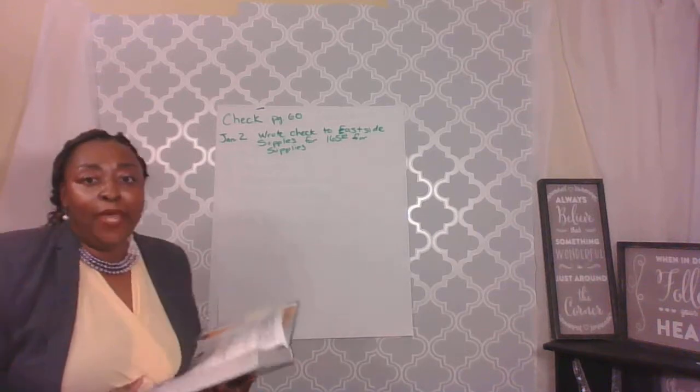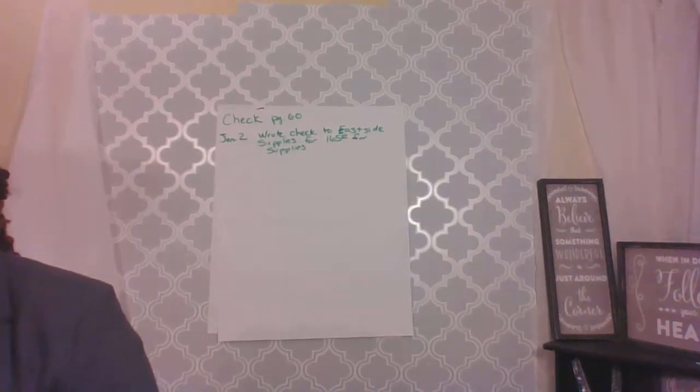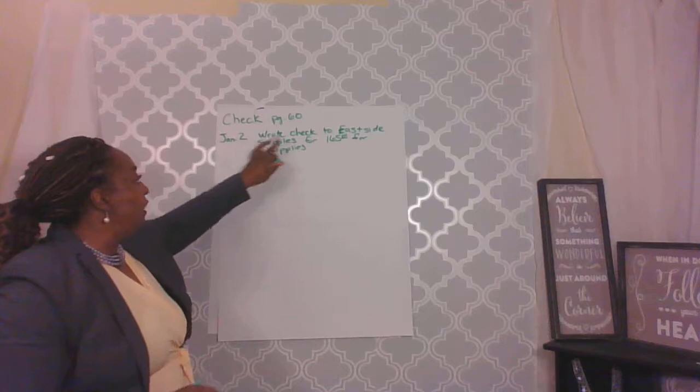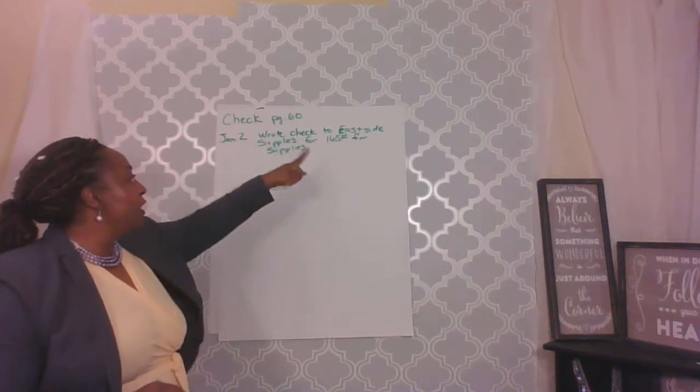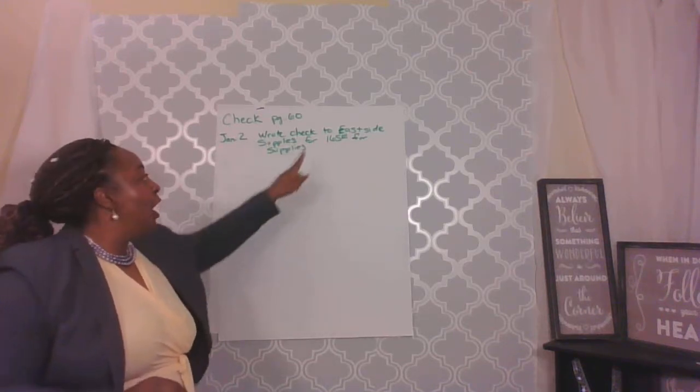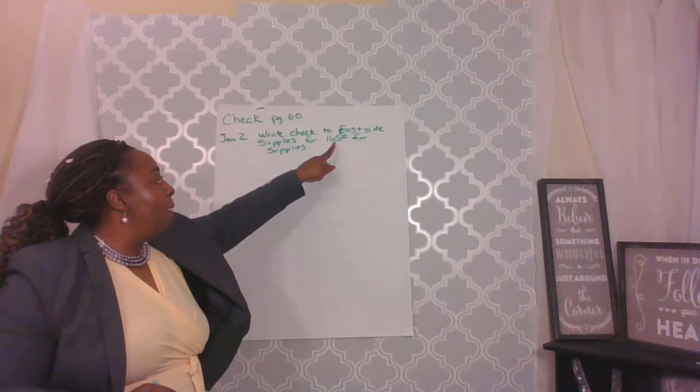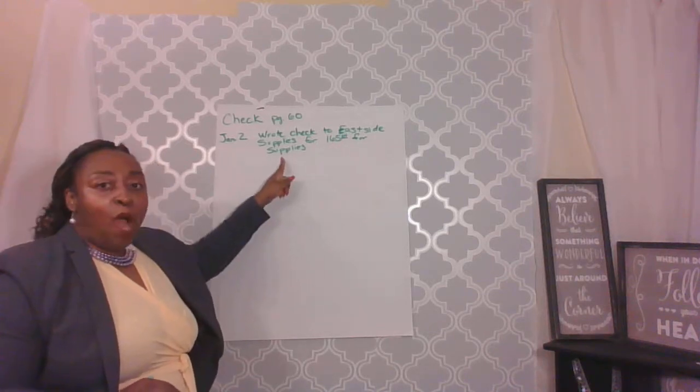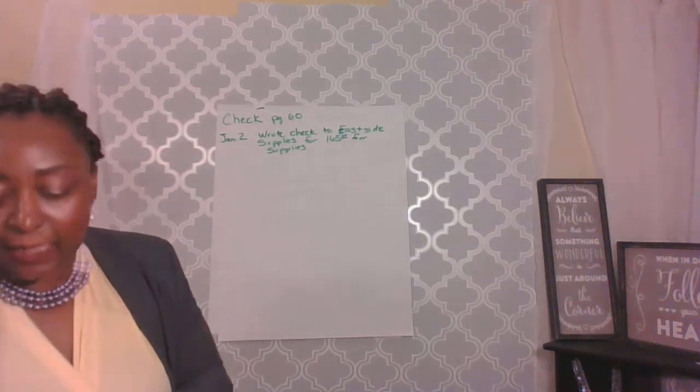So that is one way this transaction could be written because they could see what source document it was, they could see who we wrote the check to, what the check amount was, and why we wrote the check. We wrote it for supplies.